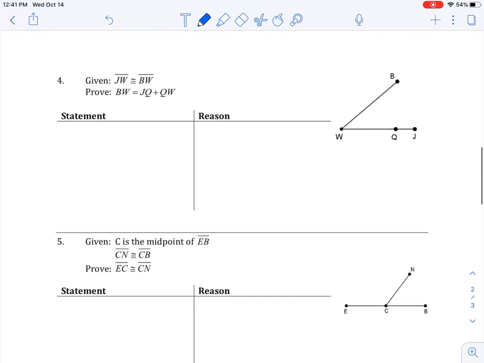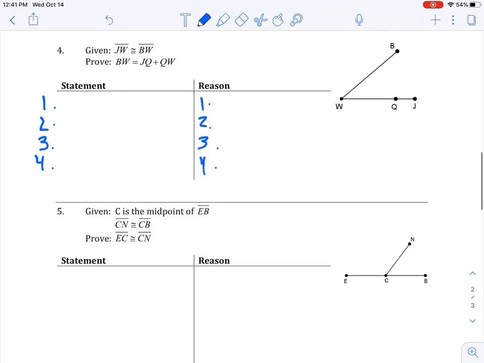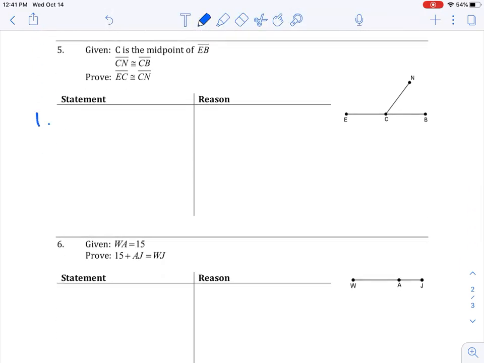The fourth one is 4 statements and 4 reasons. The fifth and sixth both have 3 statements and 3 reasons.